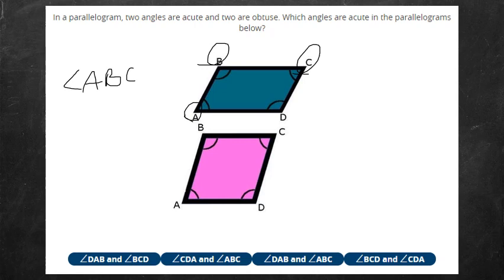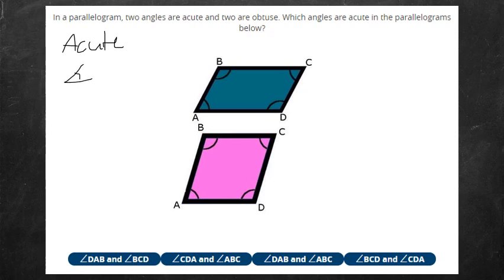That's the first thing. Now, let's get some of this out of the way here and let's look at our angles. We want to find the acute angles, okay? And remember that acute angles are less than 90 degrees.